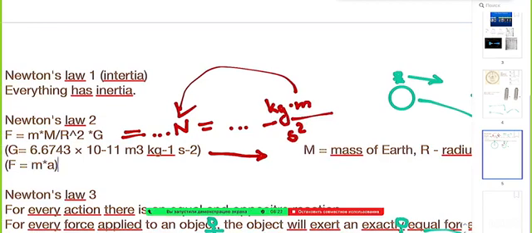The force the object exerts will be bigger the bigger the mass and the bigger the acceleration of the object is. And since all of the objects are more or less the same distance from the center of Earth, we just don't care about it. We put it inside the formula. It's hidden now.